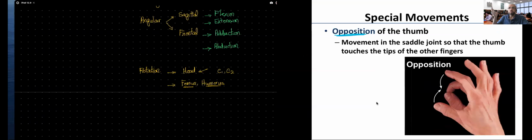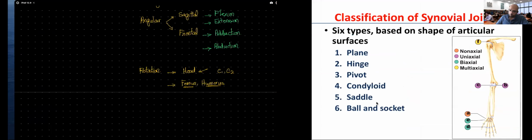A special movement that we've seen in the thumb that didn't exist in the other four fingers. This is what we call the opposition, which means you are able to put the thumb opposing the other four fingers. If you remember, according to the shape of the articular surfaces, we've classified the synovial joints into 6 main types.